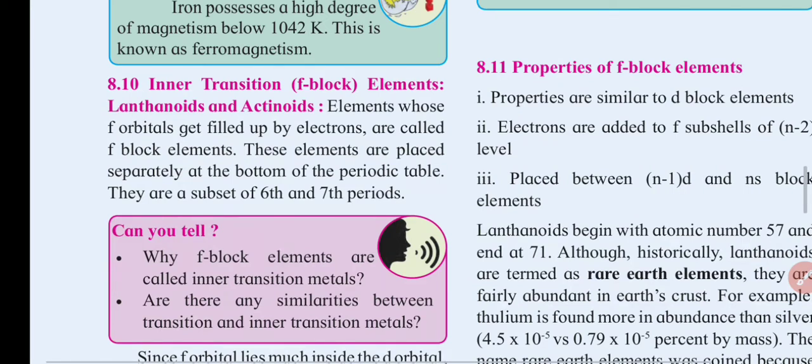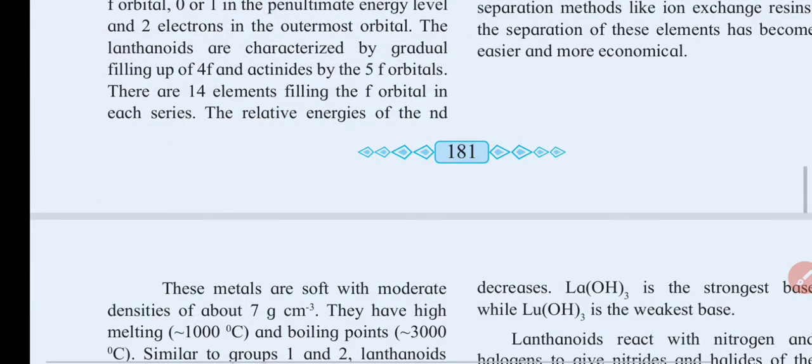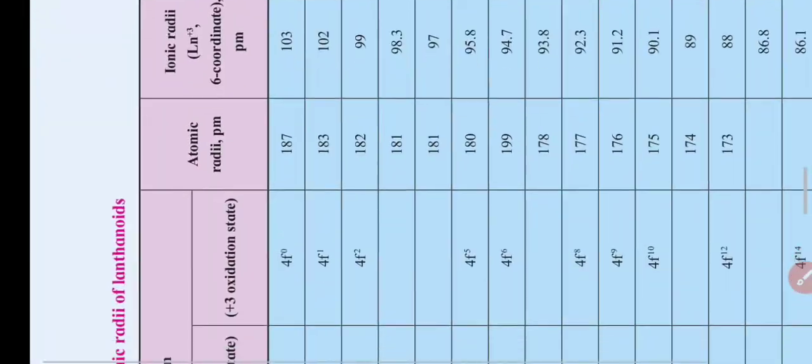Now we will proceed to what are lanthanoids. Lanthanoids are the series of 14 elements from cerium 58 to lutetium 71, in which the differentiating or last electron enters the 4f subshell and which follow lanthanum. This is called the lanthanoid series, and the elements are called lanthanoids.